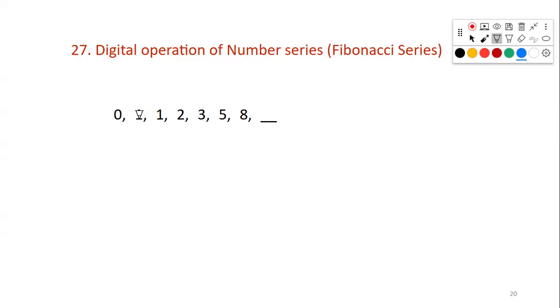So if I add 0 plus 1, it became 1. Now 1 plus 1, it became 2. 2 plus 1, it became 3. 3 plus 2, it became 5. 5 plus 3, it became 8. 8 plus 5 will be what? 13. So what is your answer? 13. So this is Fibonacci series.